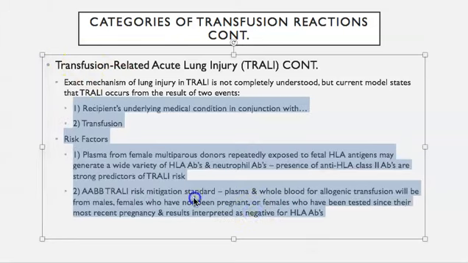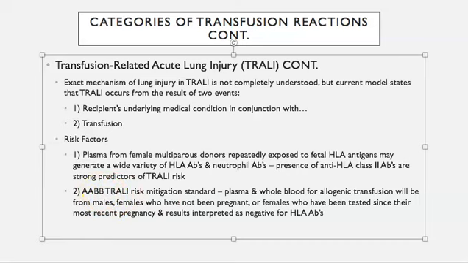And then AABB TRALI risk mitigation standards. AABB is kind of the Bible of blood bank. I can't remember what it stands for, maybe the American Academy of Blood Banks, but they put out a book, I think annually, that has all the standards related to blood bank.